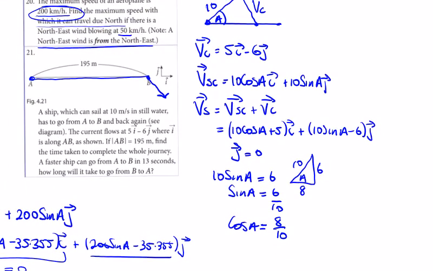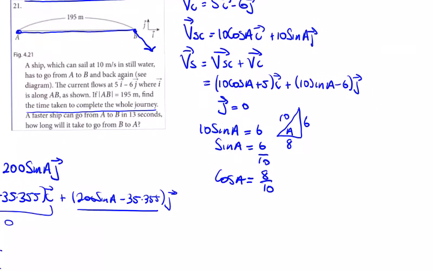What do we ask for? The time taken to complete the journey. So let's get the velocity of the ship. Get the speed here. So 10 cos A, 10 by 8 over 10, plus 5 in the I direction, plus 0 in the J direction. So 8 plus 5, 13.